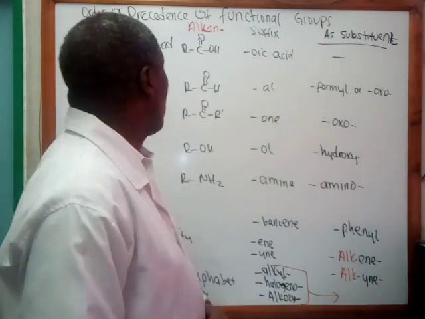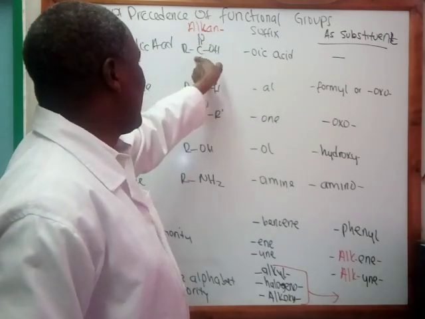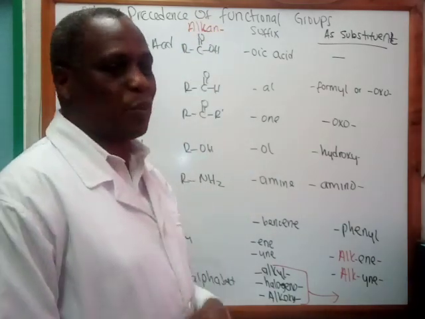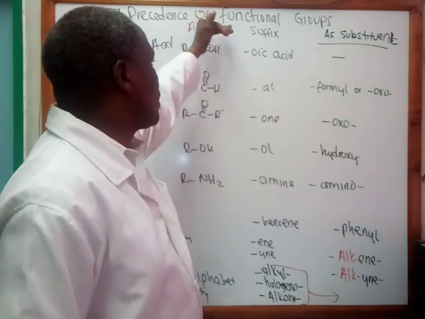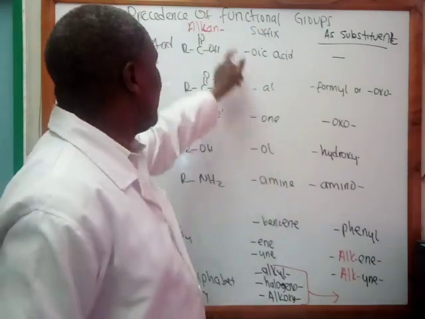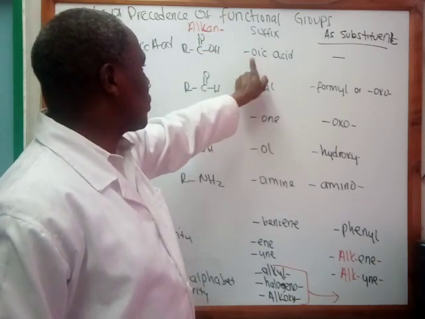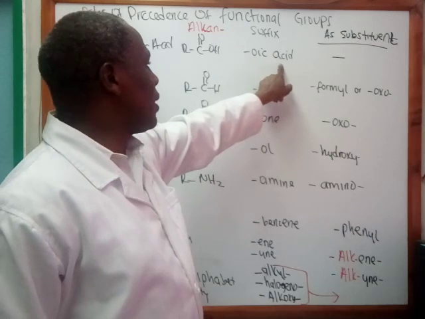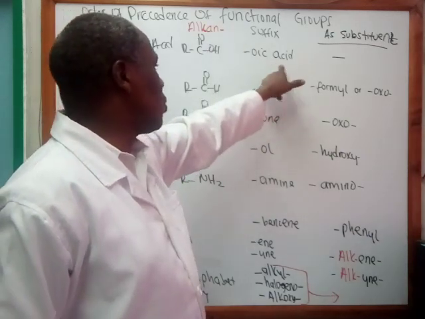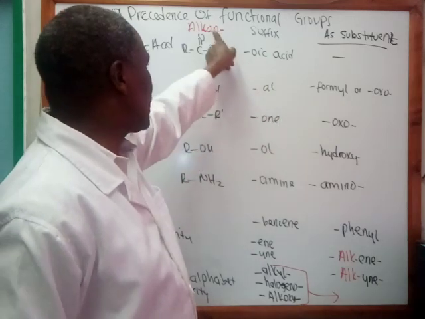So alkan means that that is the R group. It means that what you are going to be naming here is going to be like the prefix, so that if I'm talking about oic acid, you have an alkan, then oic acid. If you have alkan, then you add al, it becomes alkanal.